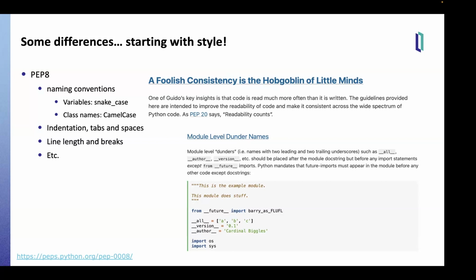This includes naming conventions for variables and class names, how you indent your code, how you use tabs and spaces, the lines and when you break them. All these things are very well defined in the Python community and usually are applied by the Python community.